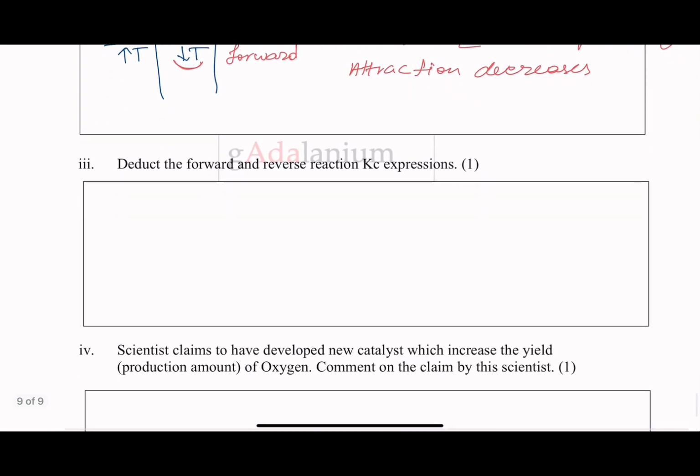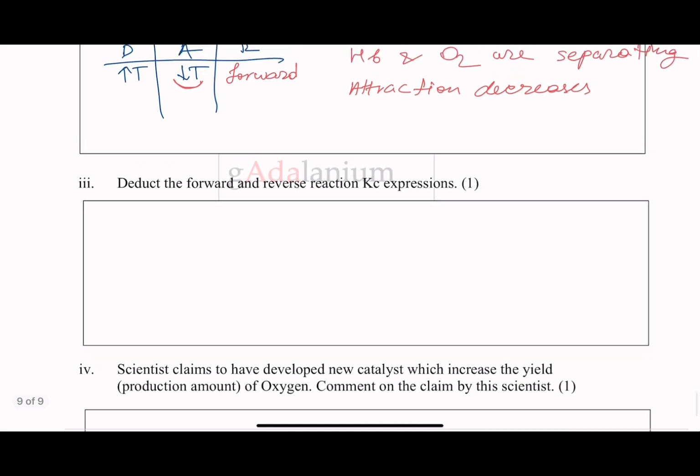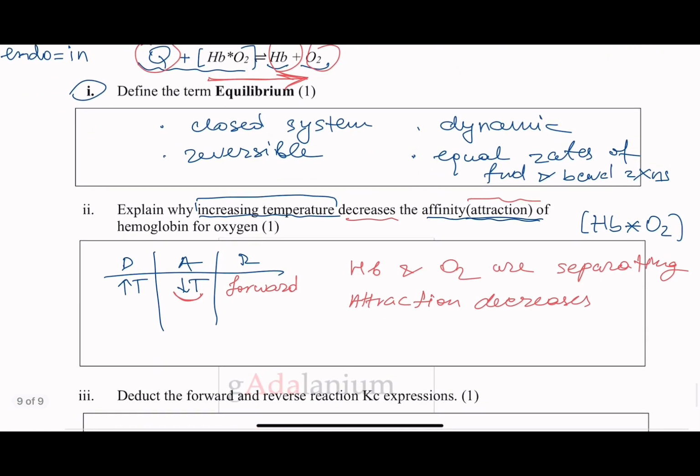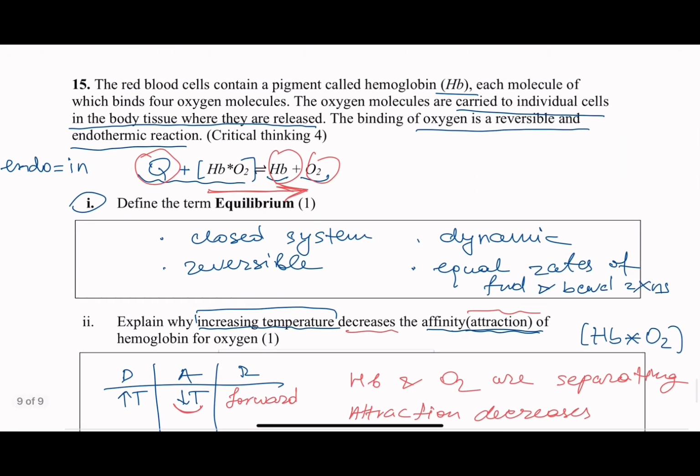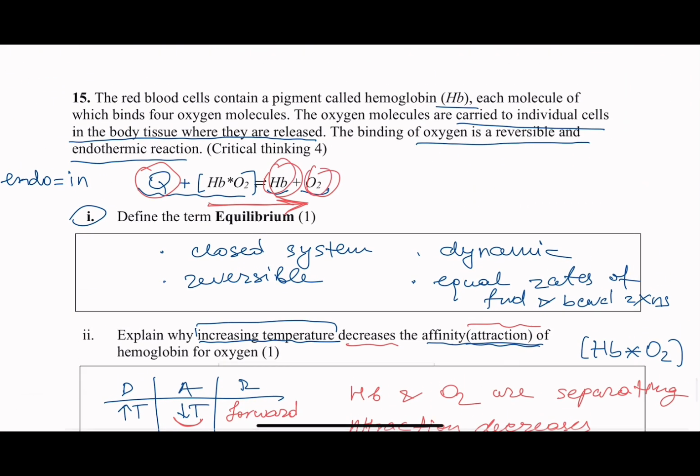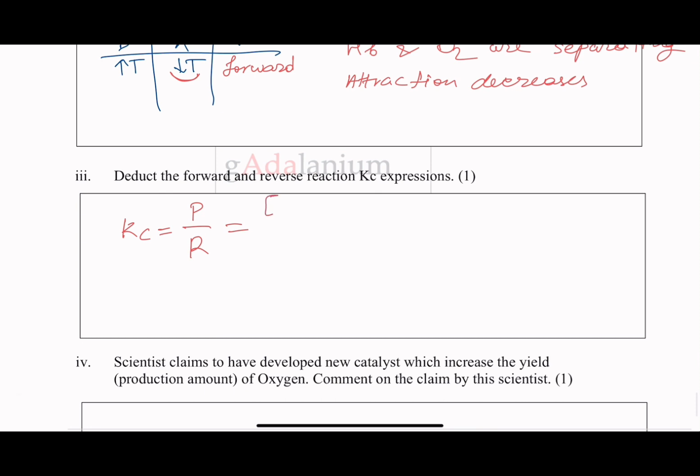And then it's telling us to deduce the forward and reverse reaction Kc expressions. So the forward reaction is the one that is given above. I'm going to write Kc equals products over reactants. What do we have as products? Hemoglobin and oxygen. So I have hemoglobin and oxygen, and then at the bottom I have hemoglobin-oxygen, which is one compound by itself.